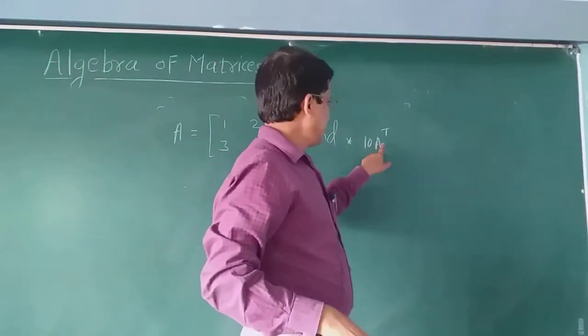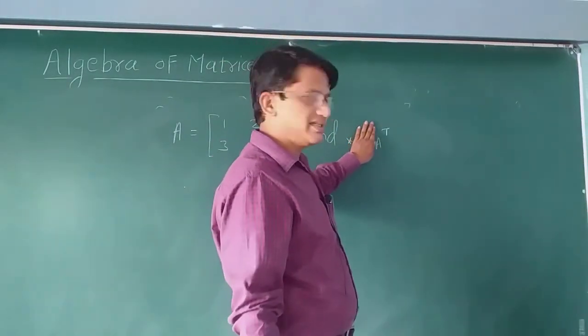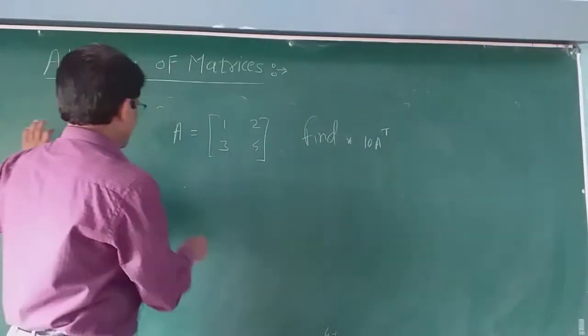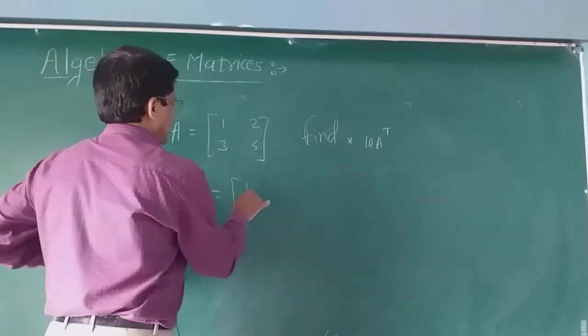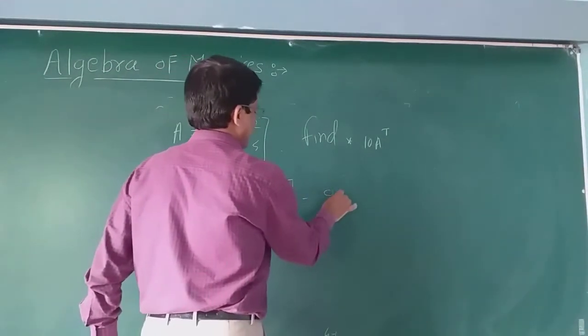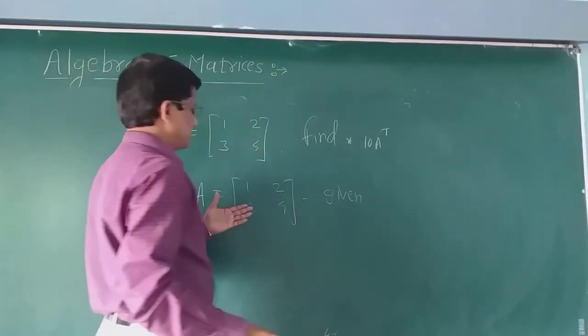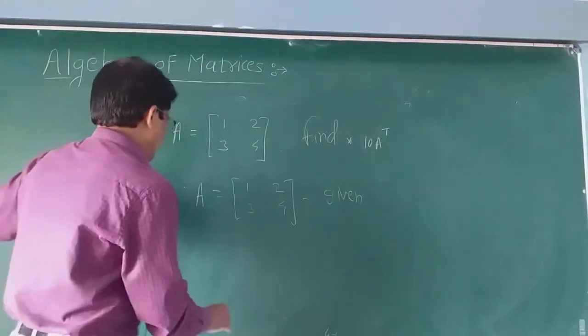What is that A transpose? A transpose means the transpose of a given matrix. So for the solution, A equals 1 2 3 4, this is given. Okay, this is the given matrix.